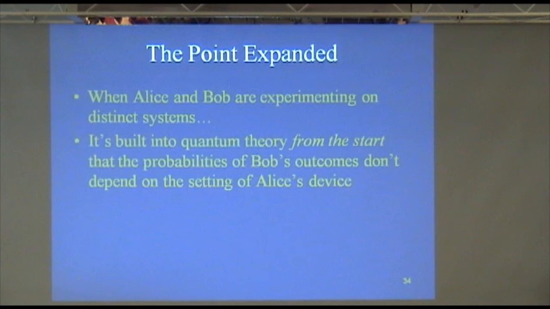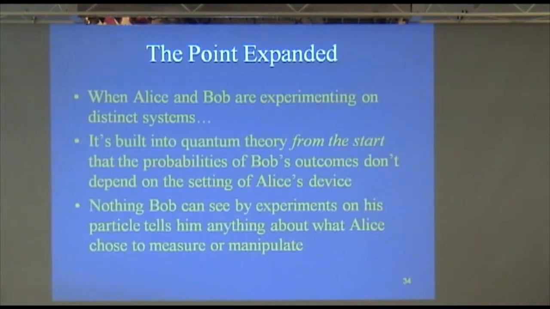She can measure X spin, she can measure Y spin, she can measure spin in any direction she likes, and if that's all she does, she just decides which of those measurements to make, Bob isn't going to be able to tell. Nothing in the behavior of his particles will give the slightest hint which measurement she decided to make. No manipulation that Alice has any control over will make the slightest difference to the local pattern of statistics that Bob gets. And that's built into quantum theory at the bottom level. Likewise, nothing Bob can see tells Alice about Bob's settings, and vice versa.